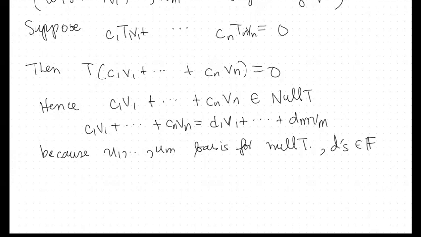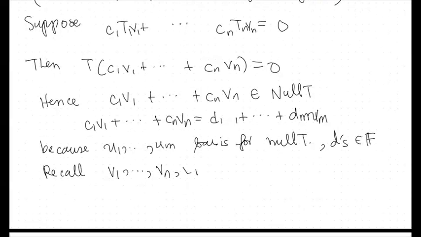Okay. Now, what can we say about the V's? Recall that V1 up to Vn, U1 up to UM is linearly independent, as we have stated earlier.